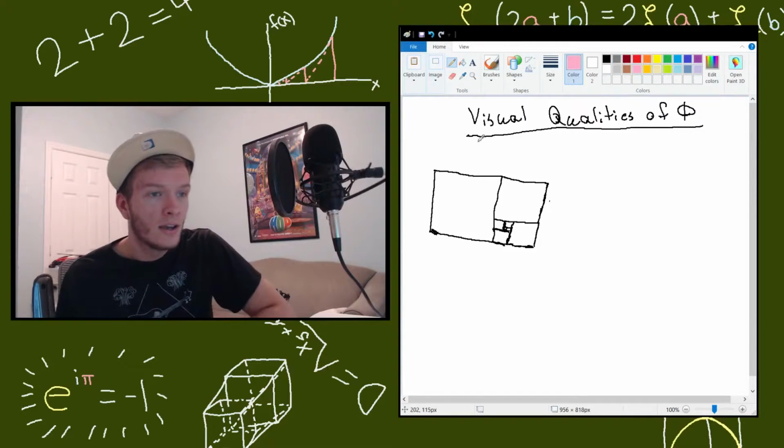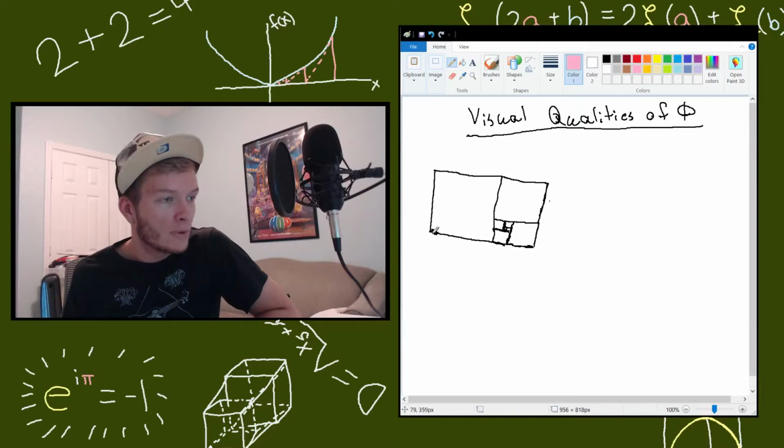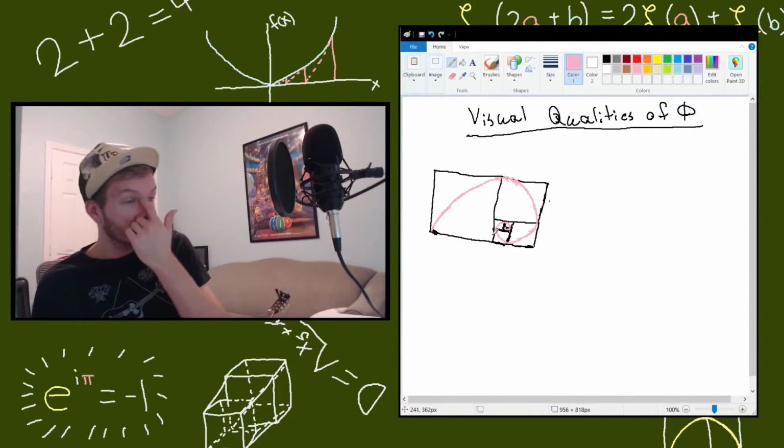So I'm going to draw this. I don't know how well pink is going to show up, but we'll see. I'm going to try to draw the curve that you're seeing down in the corner there. So what it does is it just barely taps the corner here, and then it arcs and comes through this corner, and then back through this corner, and back through this corner, and so on. And what you can see is that it is actually a spiral.